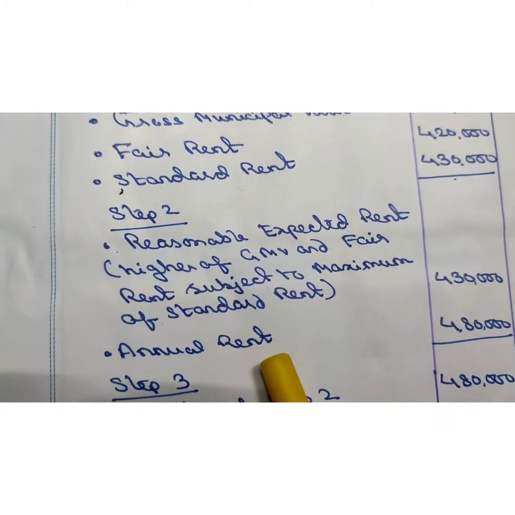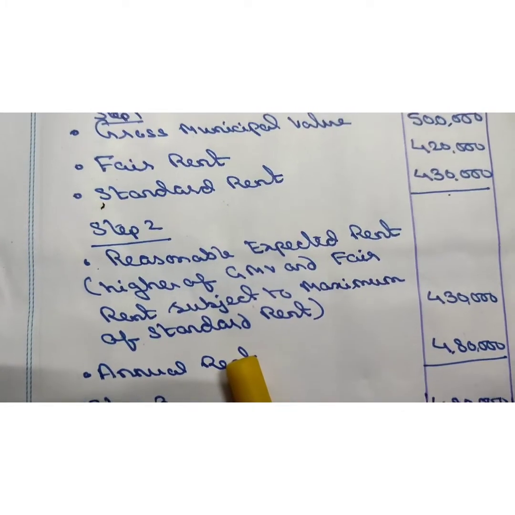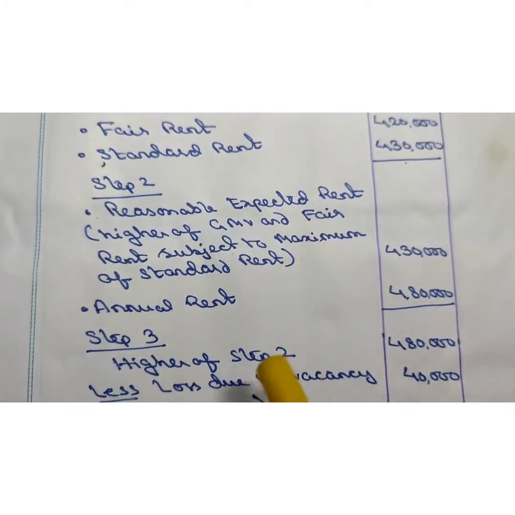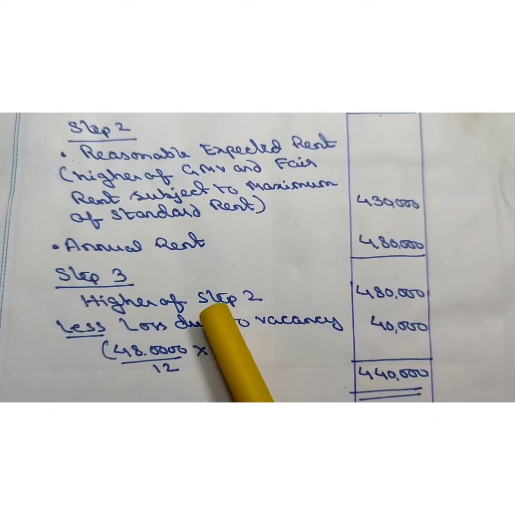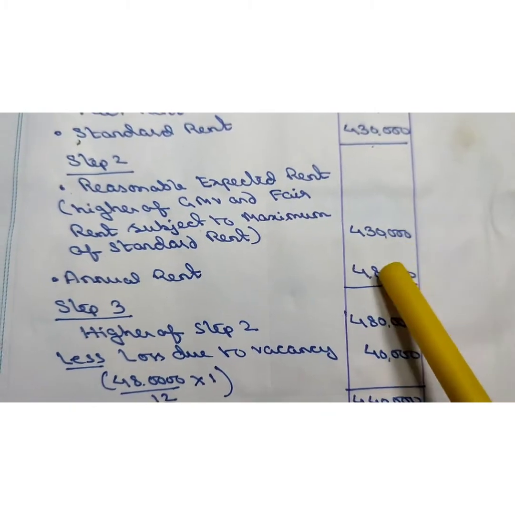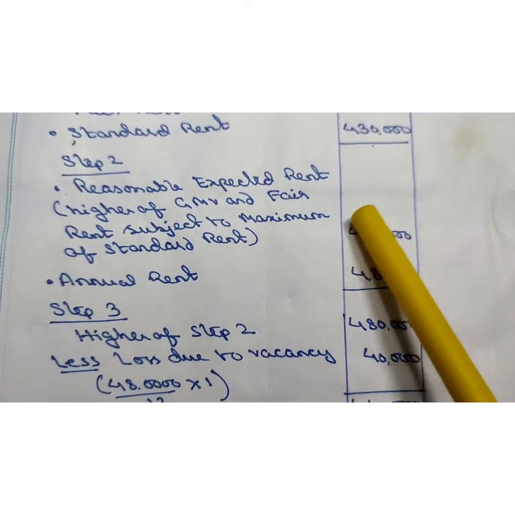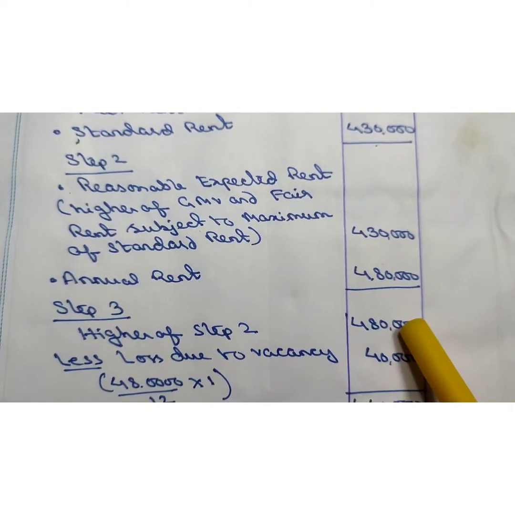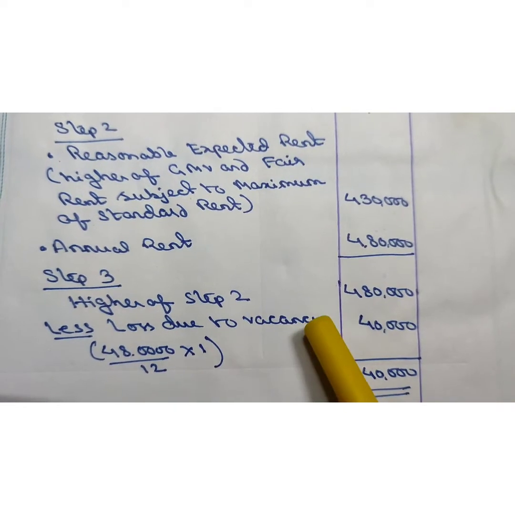Annual rent is given in the question, that is 4,80,000. So in step 3 we have to take the higher of step 2. So we compare 4,30,000 and 4,80,000. The higher portion is 4,80,000. From it we have to deduct loss due to vacancy.